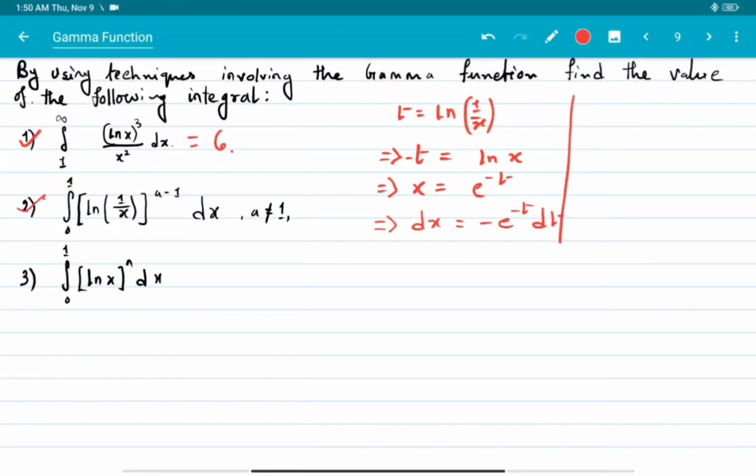and the limits will be, as x equals 0, the t turns out to infinity, and as x equals 1, t is 0, right? So we do the integral and change it.